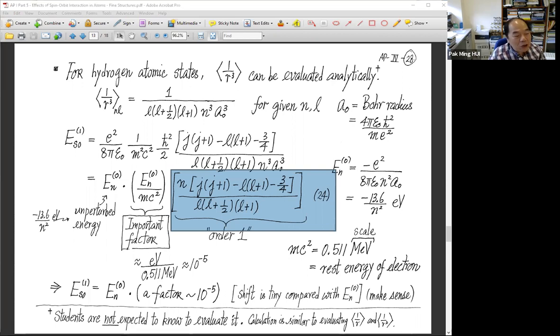One thing I didn't want to go into is the following. There is a third effect, called the Darwin term. It is also a relativistic effect.